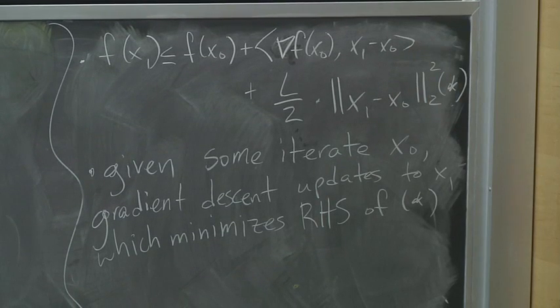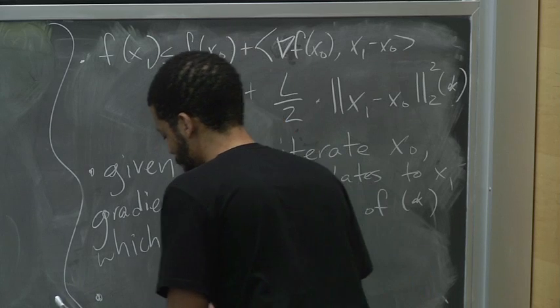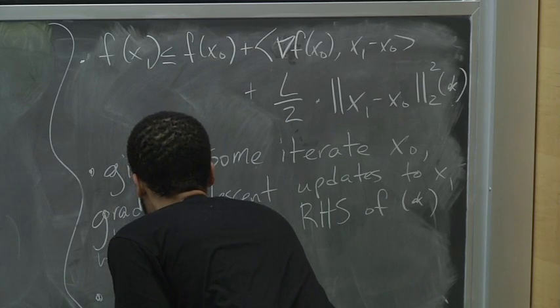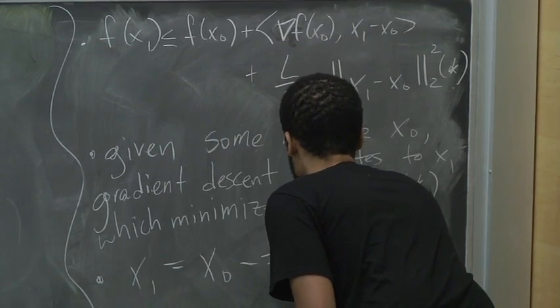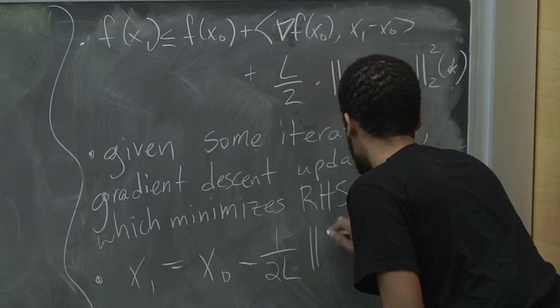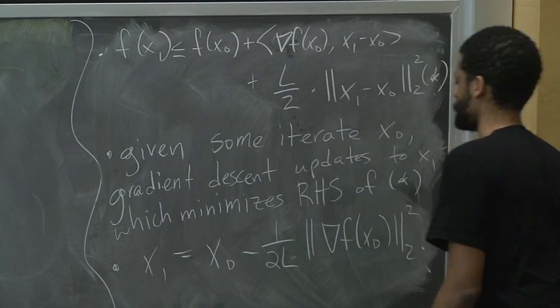Okay, and you can show just using calculus that this minimizer x1 is equal to x0 minus 1 over 2L times the gradient of f of x0, L2 norm squared.